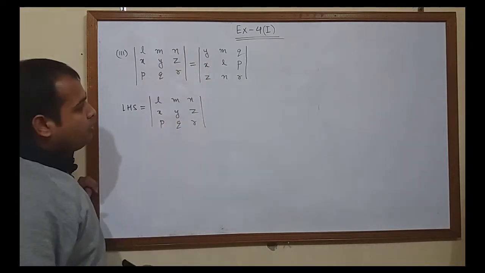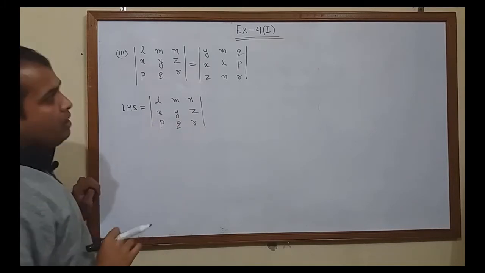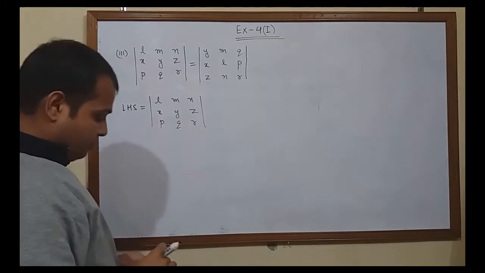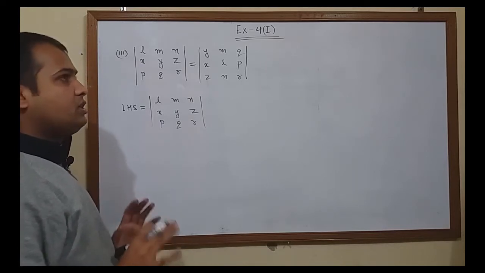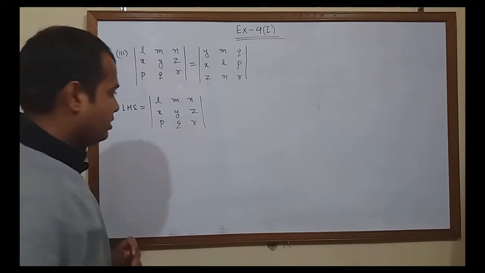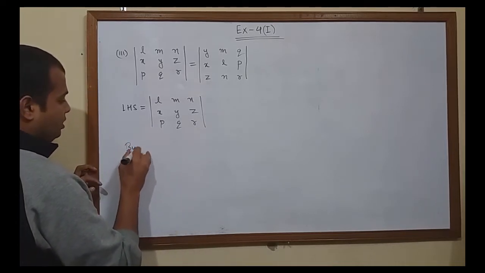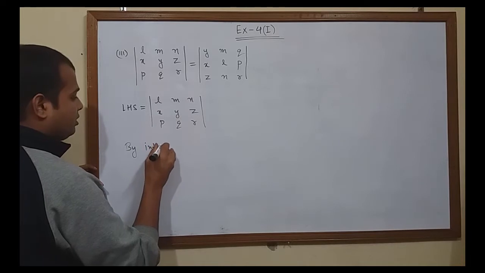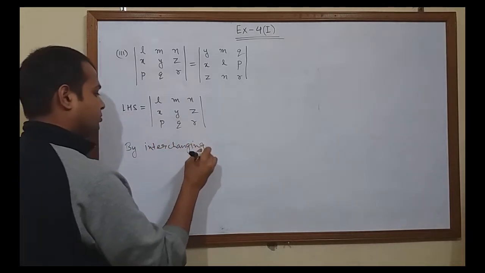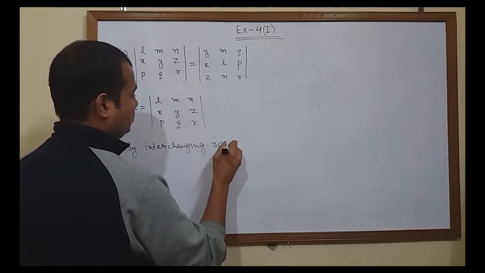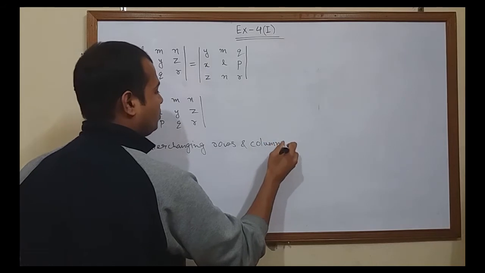So for that what we have to do is interchange the rows and columns. And you know there is a property which says that if you interchange the rows and columns, then the determinant remains unaltered. So let us interchange rows and columns.